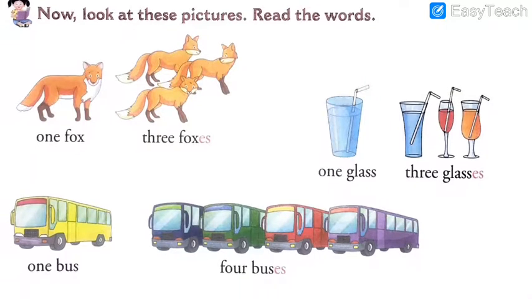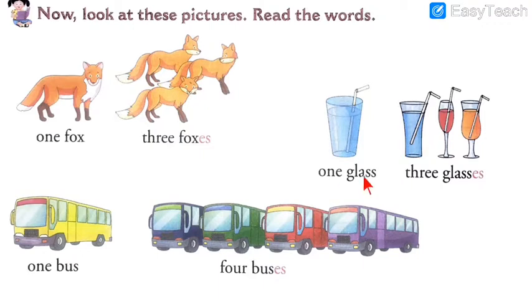Oh, here very interesting pictures are given. Fox, bus, glass, in which juices are there. Let's see what we can learn from the pictures. Now look at these pictures and read the words. Let's read the words. One fox, three foxes.